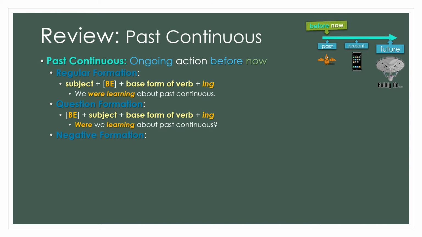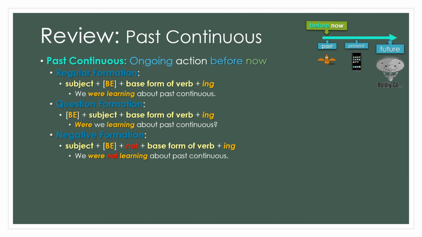To form the past continuous in the negative, you have the subject plus the appropriate form of the verb be plus the word not plus the base form of the verb and ing. For example, we were not learning about past continuous.